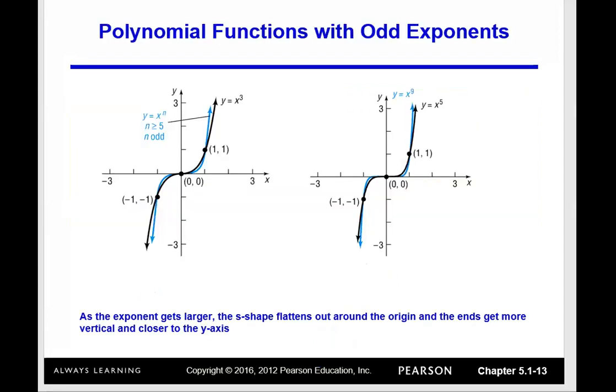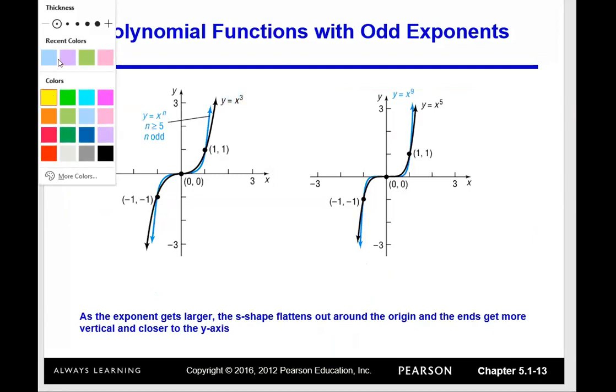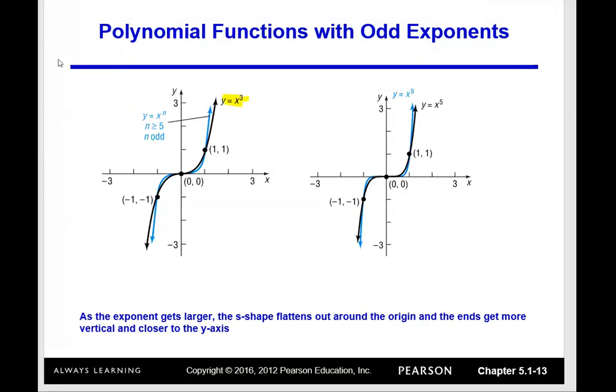You can see the original graph was x to the 3rd, that's in the black. Then the blue graph is flattening out right here and flattening out there.